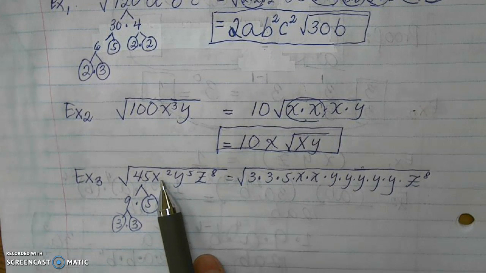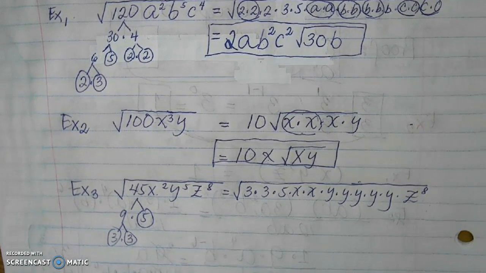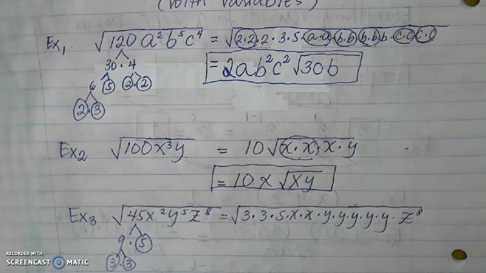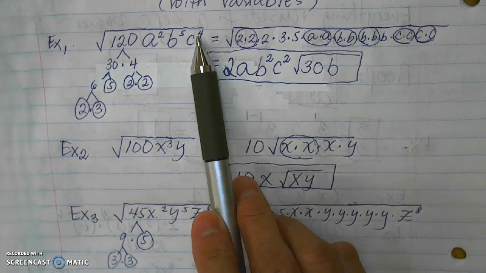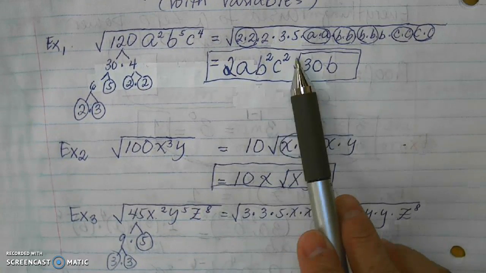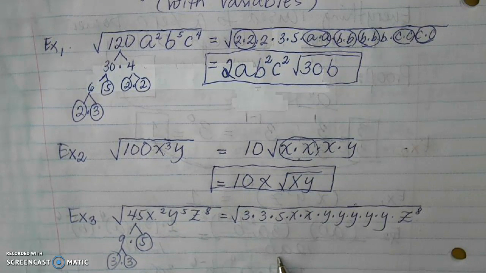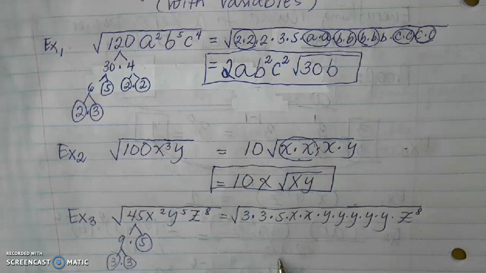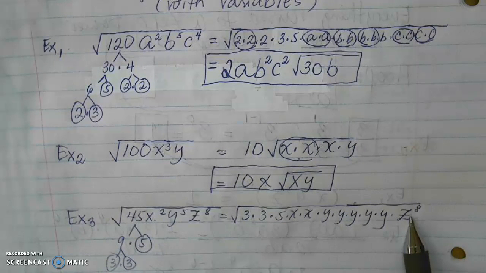The x squared will just now become an x. If you go back right here where there was a c to the 4th, the c to the 4th became c squared. So are you kind of seeing a pattern here? When it's an even number, what are you doing with the exponent? You're right. We're dividing it by 2.